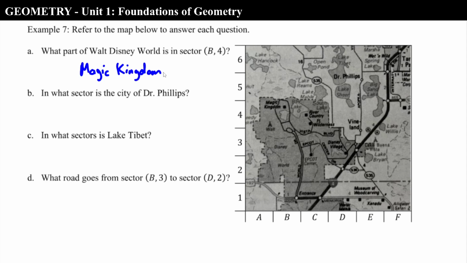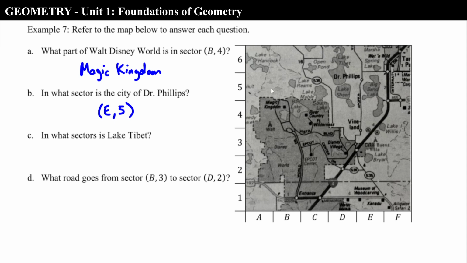In what sector is the city of Dr. Phillips? Well, Dr. Phillips is right here. So it's a little bit on the edge, but it does favor the E side and the 5 side. So it is in sector E5. E for our X coordinate, 5 for our Y coordinate. In what sectors is Lake Tibet? Well, Lake Tibet sits right here.